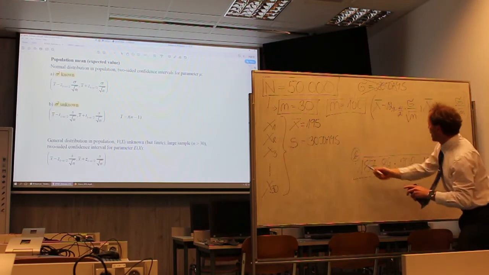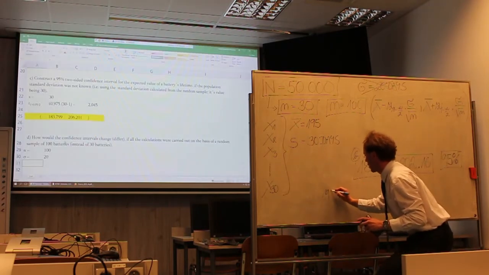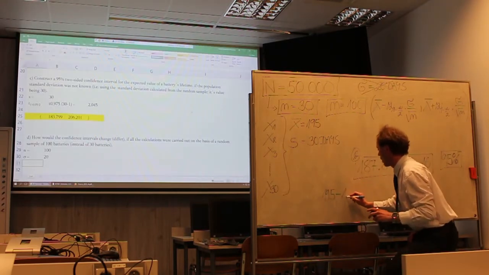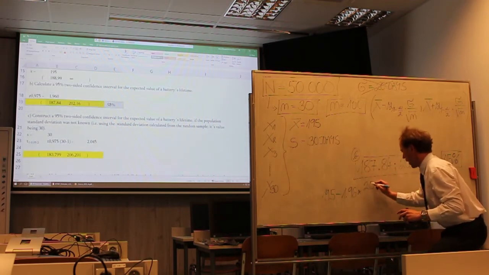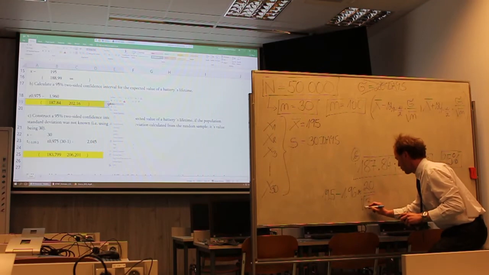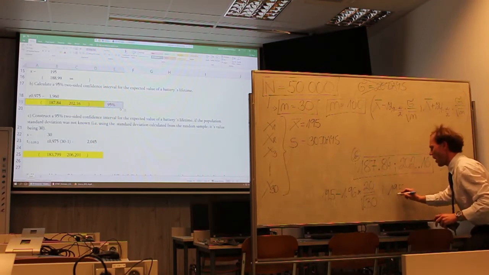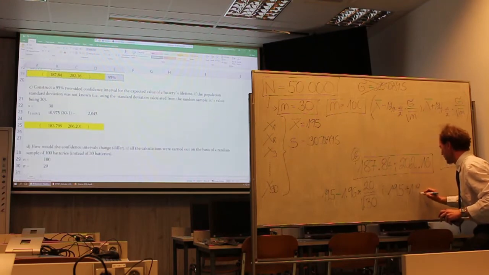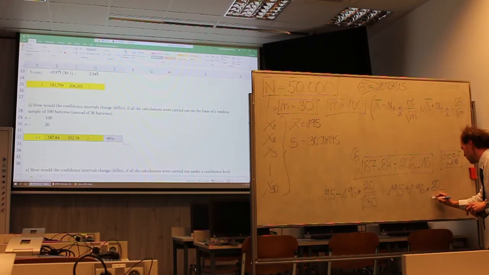In the case of B, we used 195 minus 1.96 times 20 divided by square root of 30, and 195 plus 1.96 times 20 divided by square root of 30.